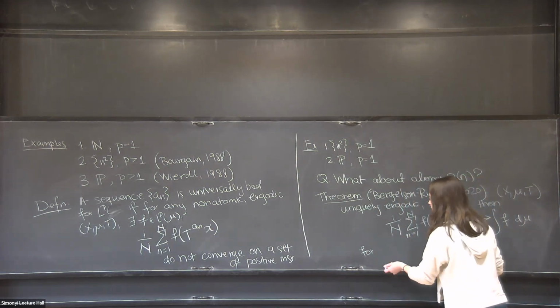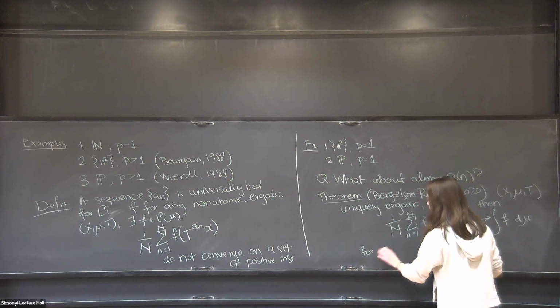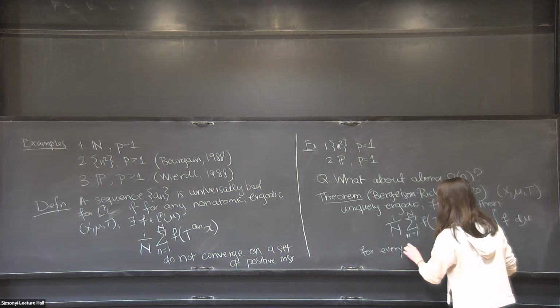And in this case, it isn't a pointwise almost everywhere result. This is for every point in the space.